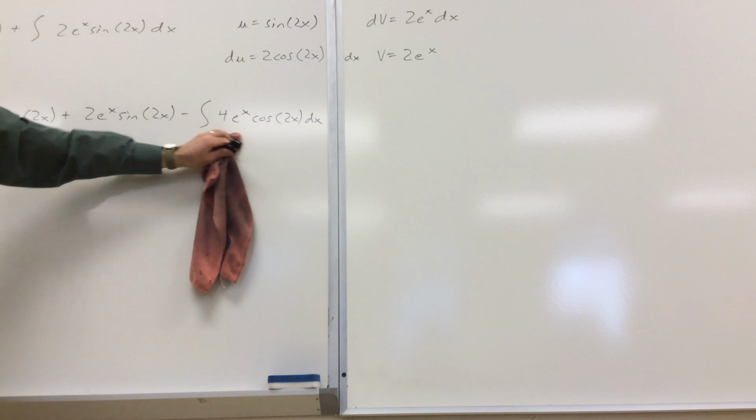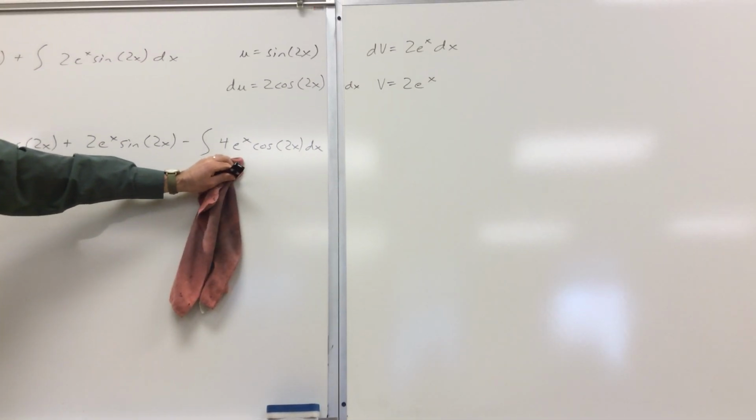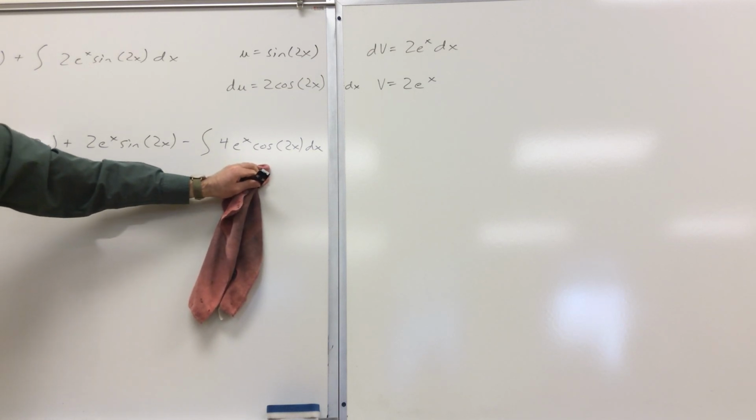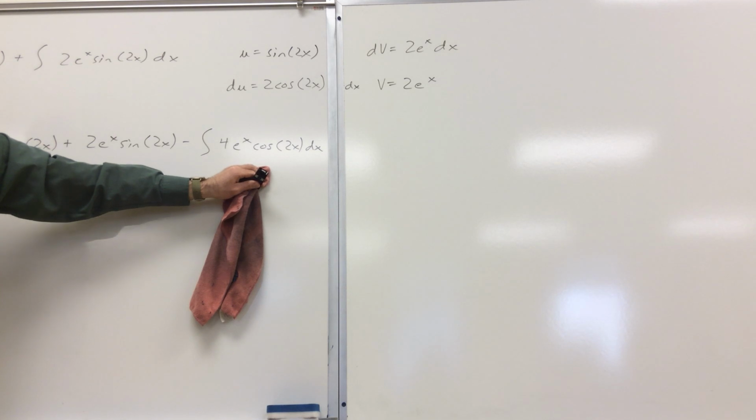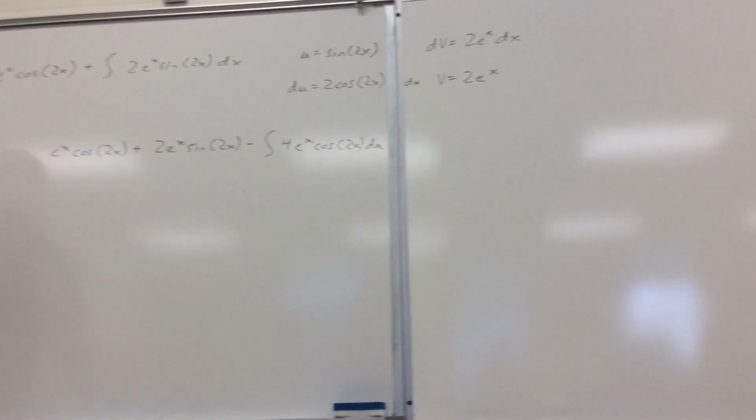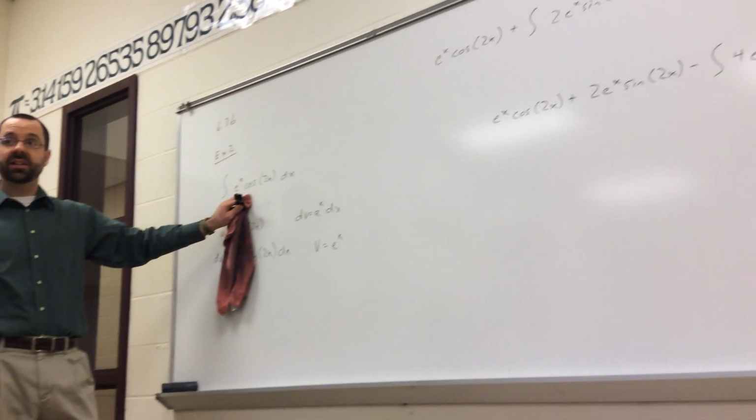So how do you feel about this? Not so good, right? Because this is supposed to be an integral that we know how to do. And it's even worse than the original, right?